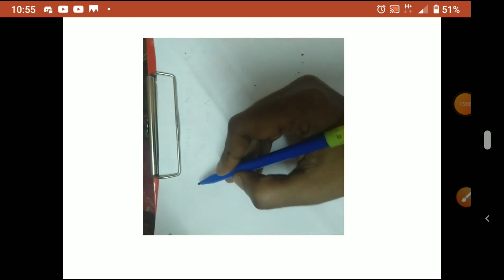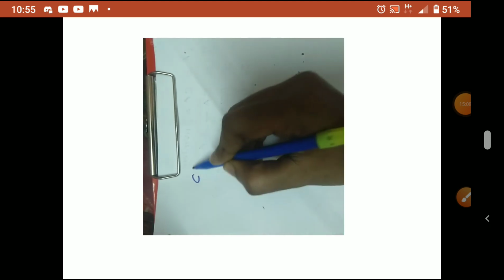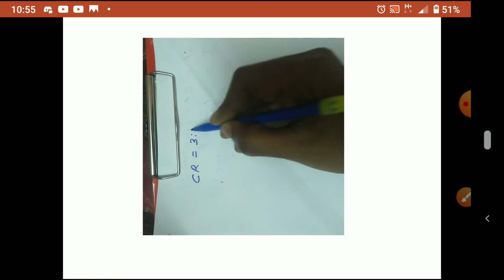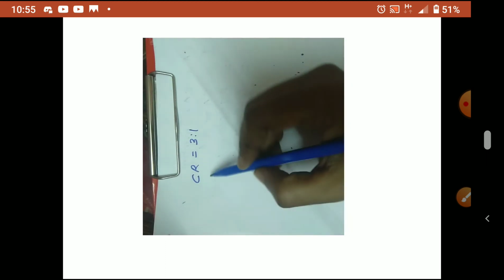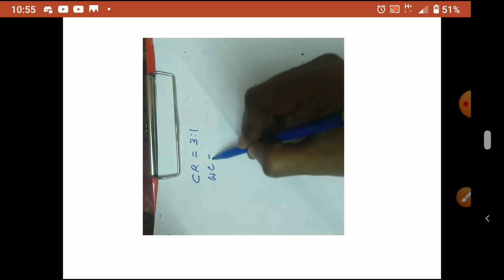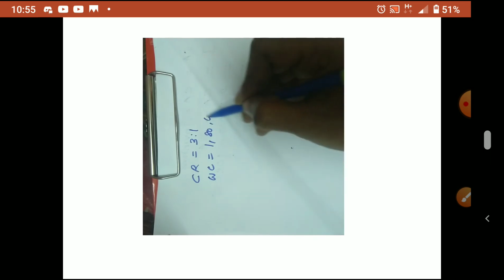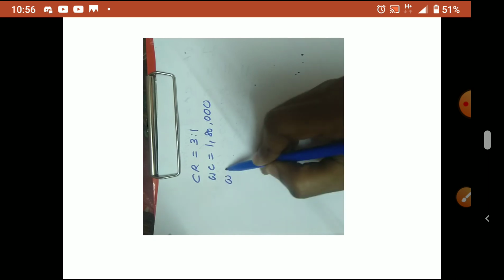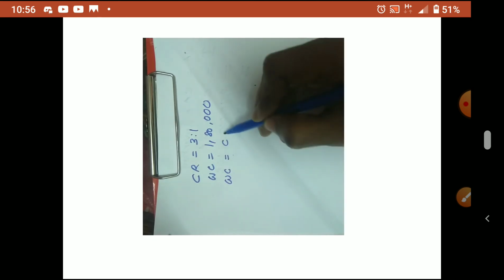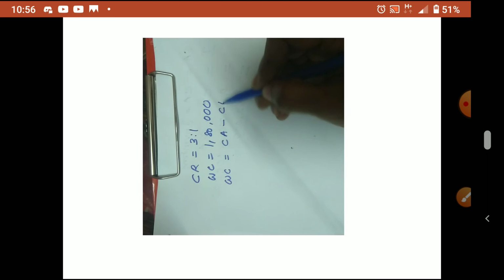Okay, so here what is given is current ratio is equal to 3:1. Then working capital is given 1,80,000. Now you know working capital is equal to current asset minus current liabilities.